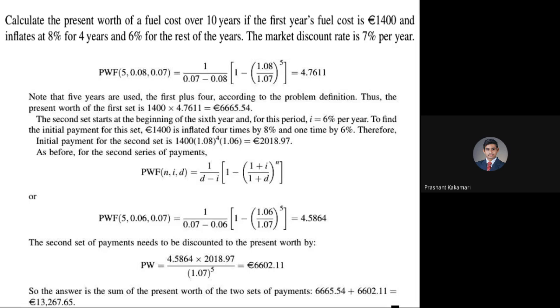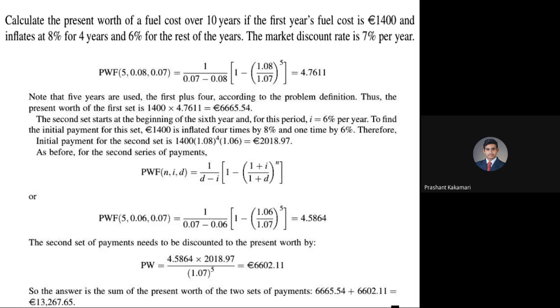Another 4 years, it is 8%. Then left out years is 5 years. So in last 5 years, it will be 6% inflation rate. The market discount rate is maintained same, 7% per year. So taking all these values and substituting in the present worth factor directly, one can find out with the different inflation rates and different years, what will be the present worth factor or the present worth value.